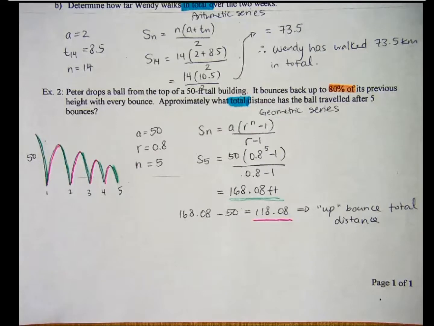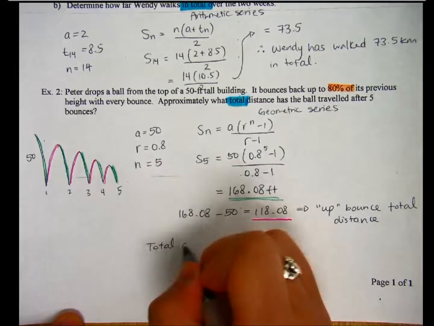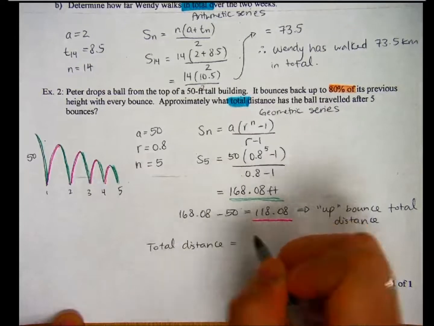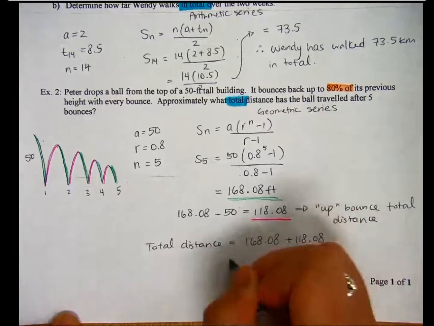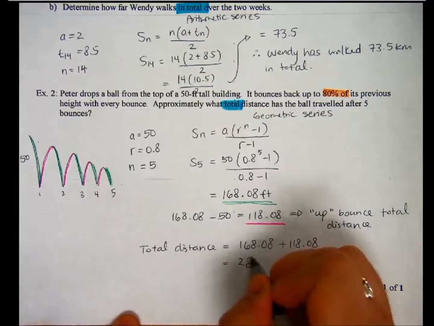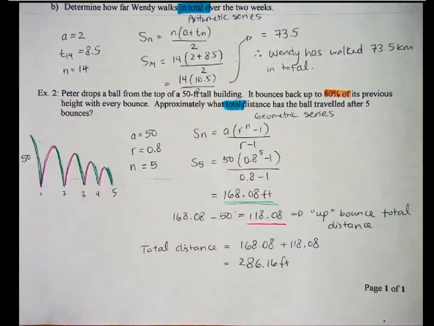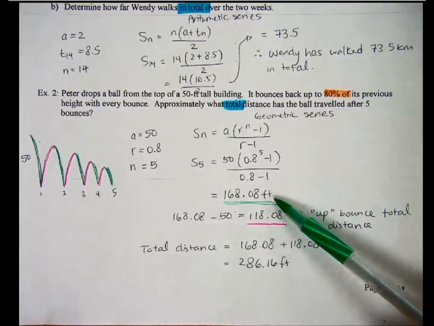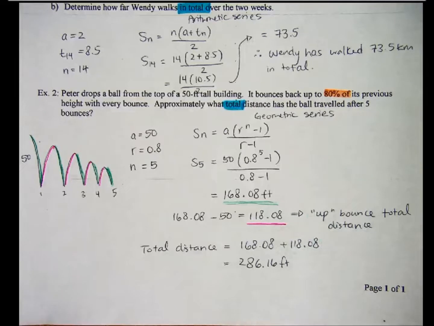Okay, and now I'm just going to add those two numbers together. So total distance is equal to 168.08 plus 118.08, which equals 286.16 feet traveled. If you wanted to, you could have just taken this number, multiplied that by 2, and then subtracted 50. You would have gotten the same result.